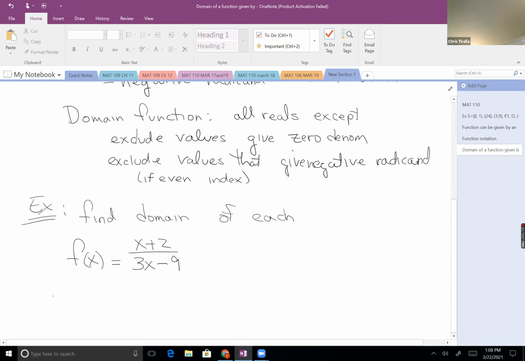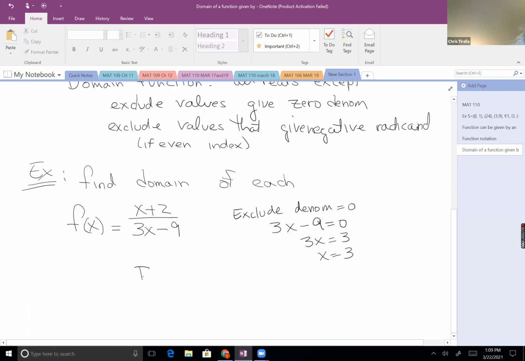Because it's a fraction, I have to exclude what makes the denominator equal to 0. And we've done this before. When I set that denominator equal to 0, I get x equals 3.